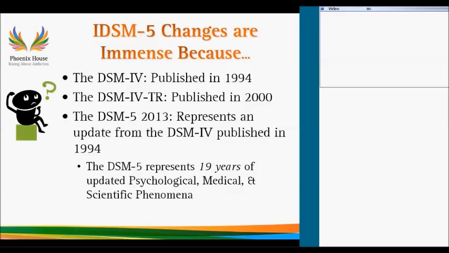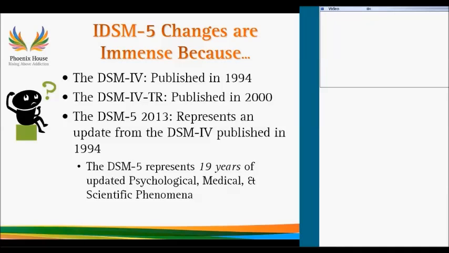What I have here on the slide is reminding everybody that the DSM-4 was published way back in 1994. The DSM-TR, published in 2000, really didn't have any categorical changes to it. There were only textual and wording changes.